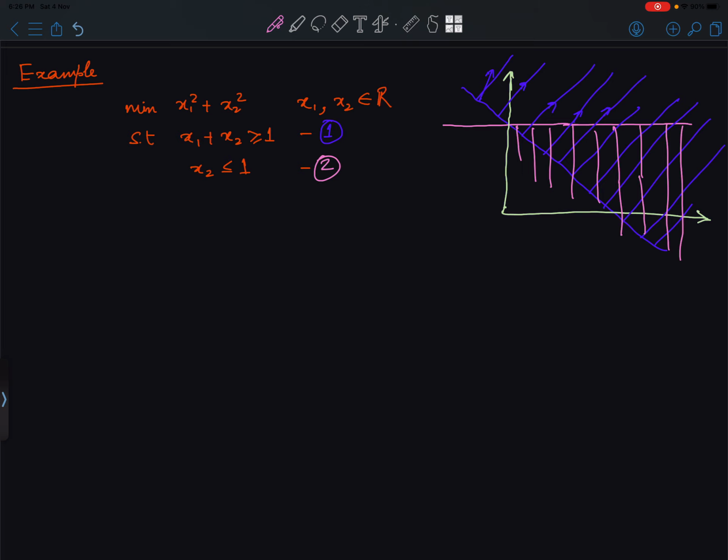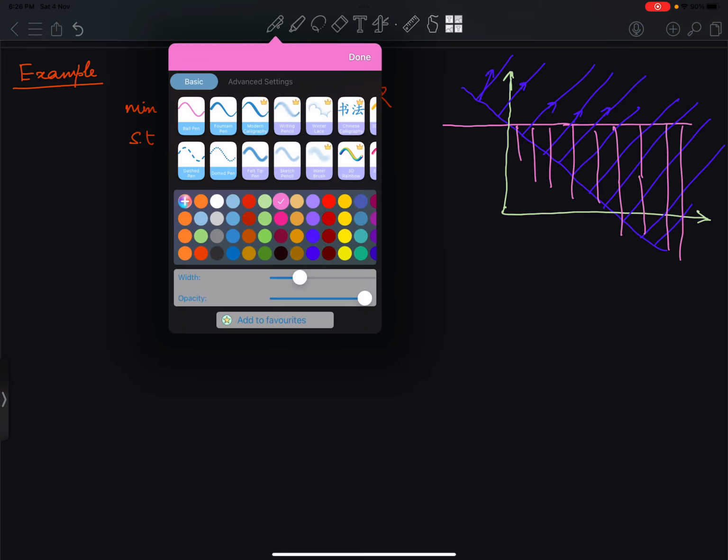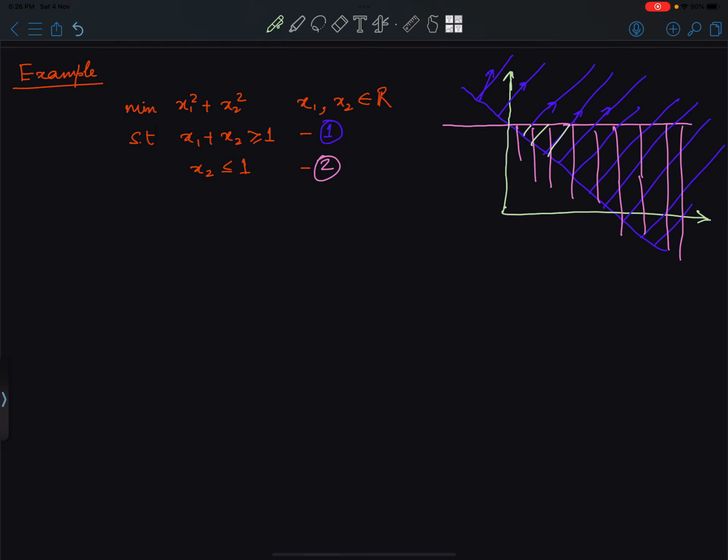Finally, the feasible region is this region.